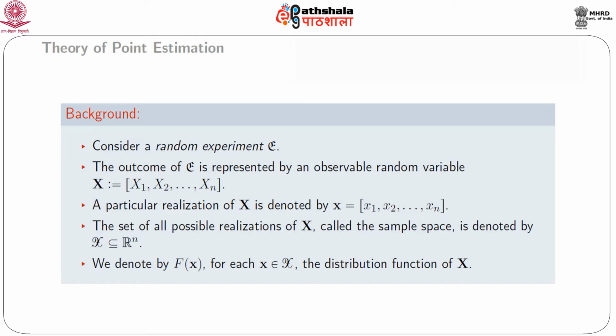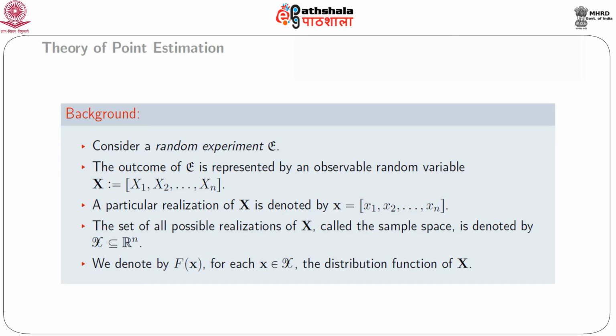Let us consider a random experiment E. The outcome of the random experiment E is represented by an observable random variable, say X = (X1, X2, up to Xn). Here X is a vector with n elements X1, X2, Xn.